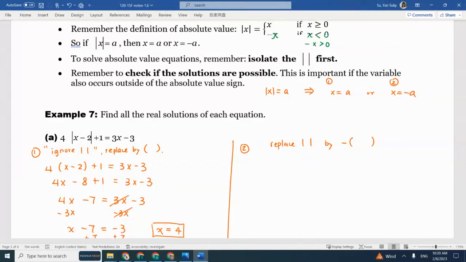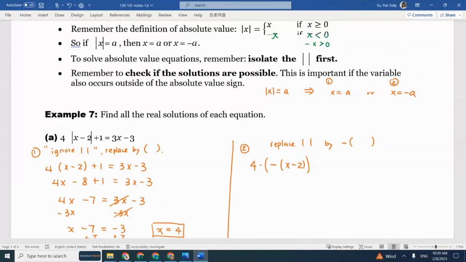So therefore, we get 4 times negative of x minus 2. Okay, be careful. This is 4 times. It's not 4 minus. Okay, everybody? This is 4 times. Typical mistake. If you just put 4 minus, then it will be wrong.